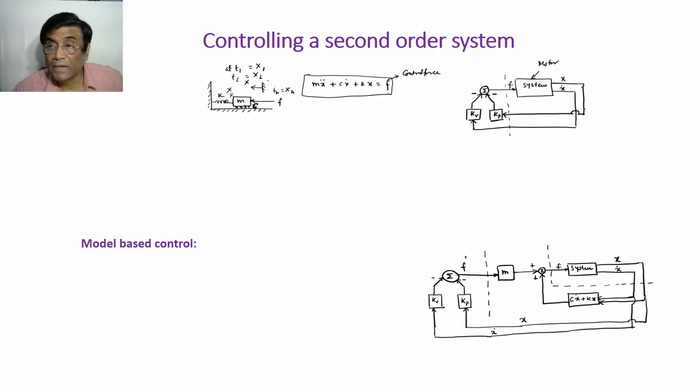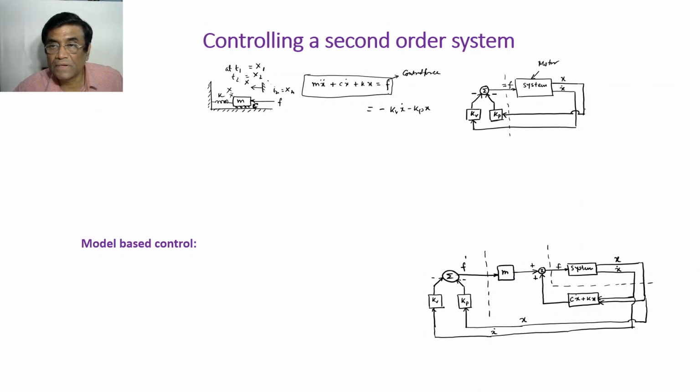Kp is actually what x is fed with. So here Kp times x is the signal, and here Kv times x dot is the signal, and negative feedback I have given. So F is equal to minus Kv x dot minus Kp x.